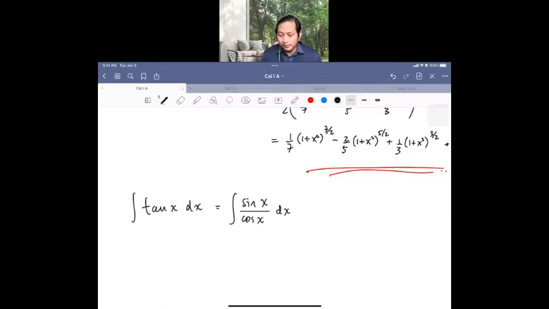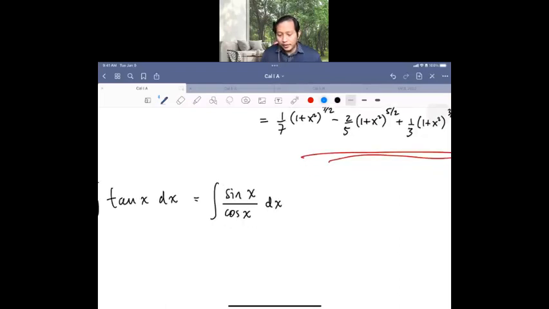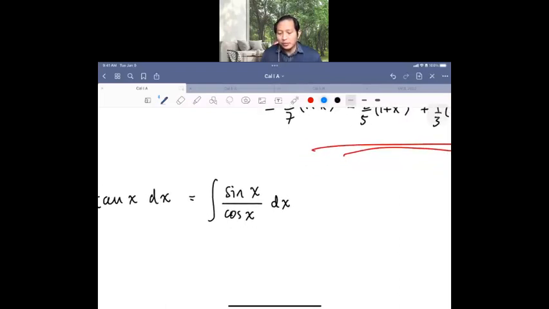And from here, we can relate which part we are going to substitute. I think it's better to substitute with this cosine, okay? Because when we have u as cosine x, we will have the du, and we can exchange, and it becomes that.